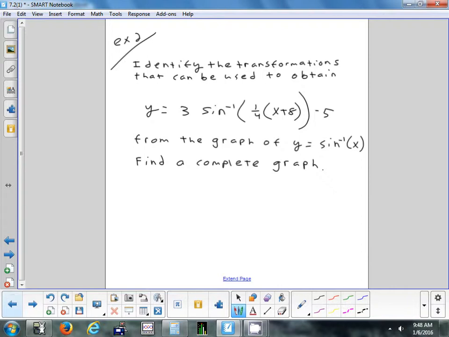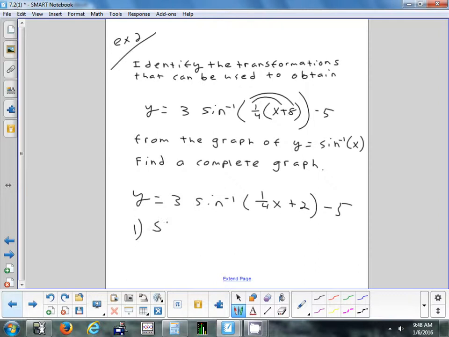This one, we've done this kind of problem before: list all the transformations. I'm just going to give you a hint. If they have this number in front, that's not normally how we write it. I would write it like this. Who can tell me real quick, what's the plus 2?